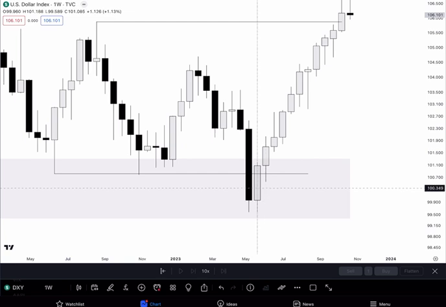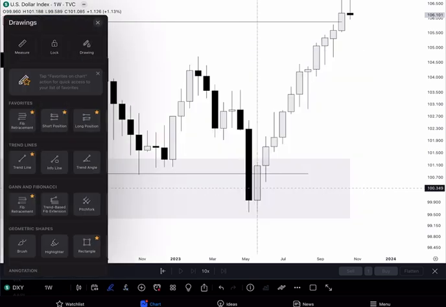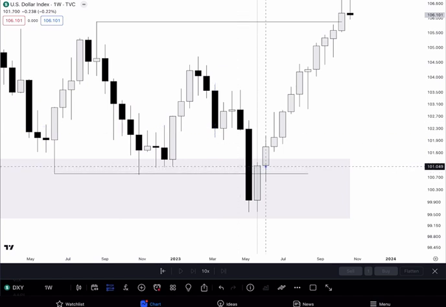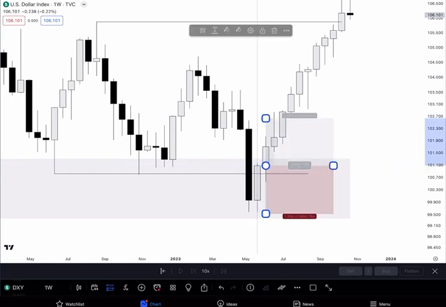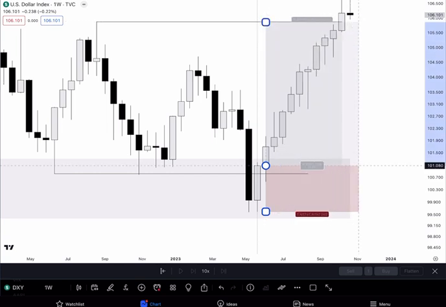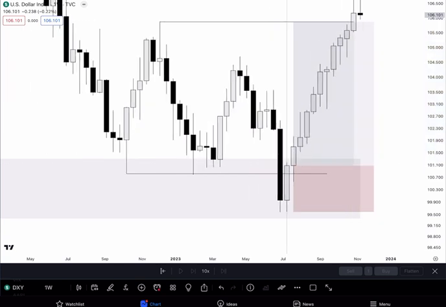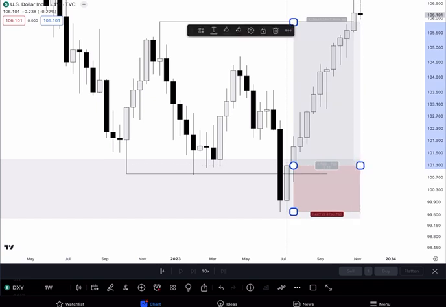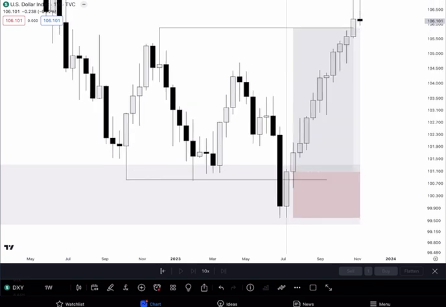As soon as this candle closes, that is your entry signal. Now this is a technique I've never discussed before, so note it down and test it.